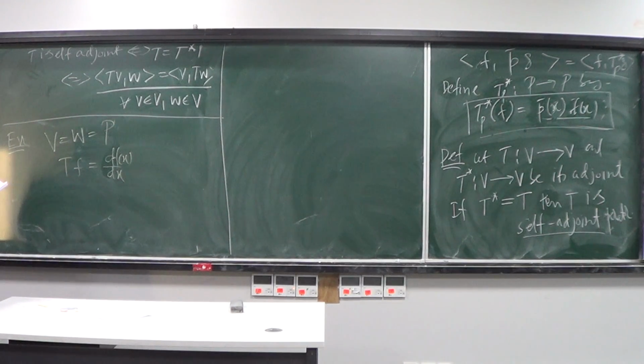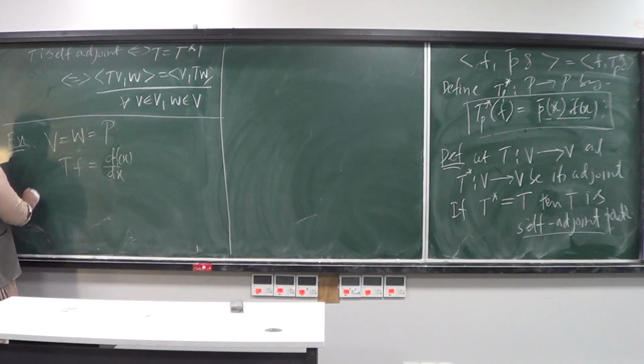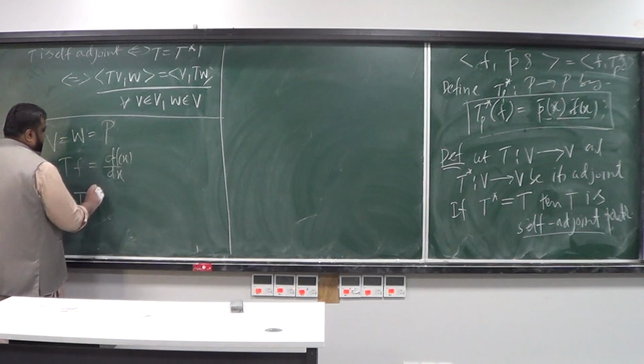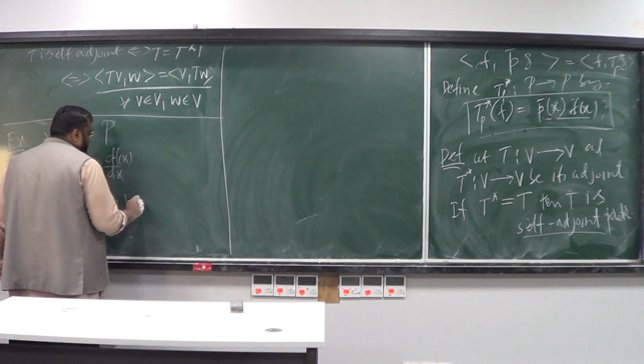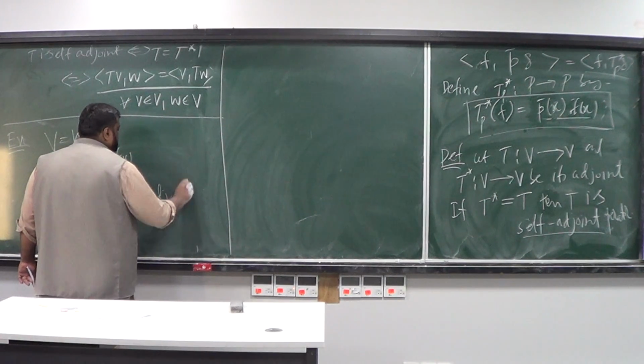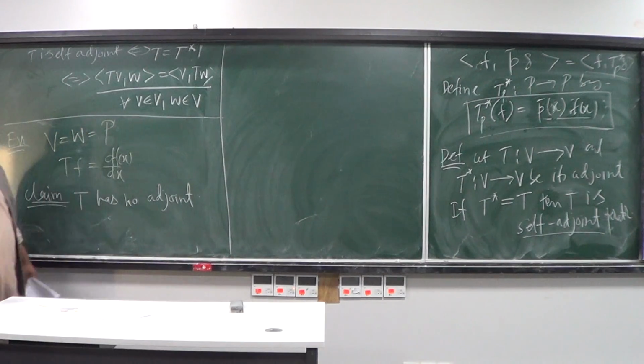Now, what I would like to do is try to find an adjoint for it. And my claim is T has no adjoint. T has no adjoint. So I'm going to prove this by contradiction.